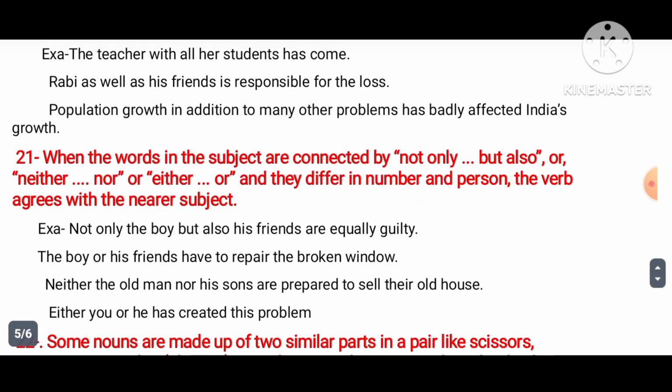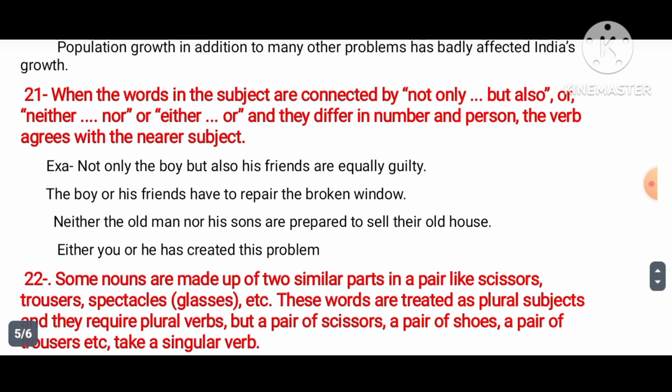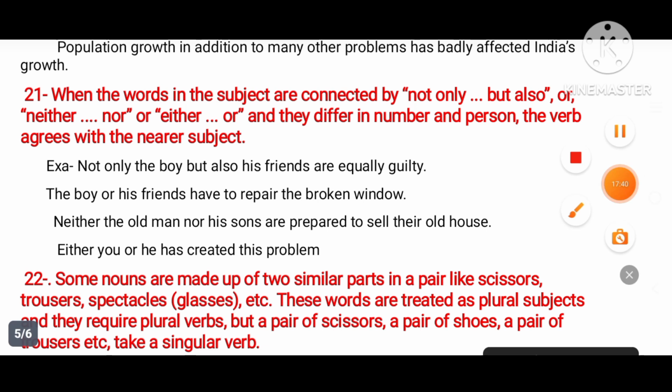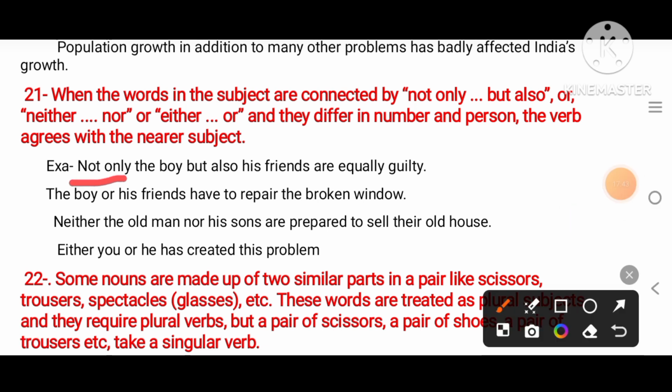Next, when the words in the subject are connected by not only but also, neither nor, either or, and they differ in numbers and persons, the verb agrees with the nearer subject. Suppose the sentence starts with not only but also, then after that we will see the noun, for example not only but also his friends. If it is plural, we will use a plural verb; if singular, we will use a singular verb. Okay.